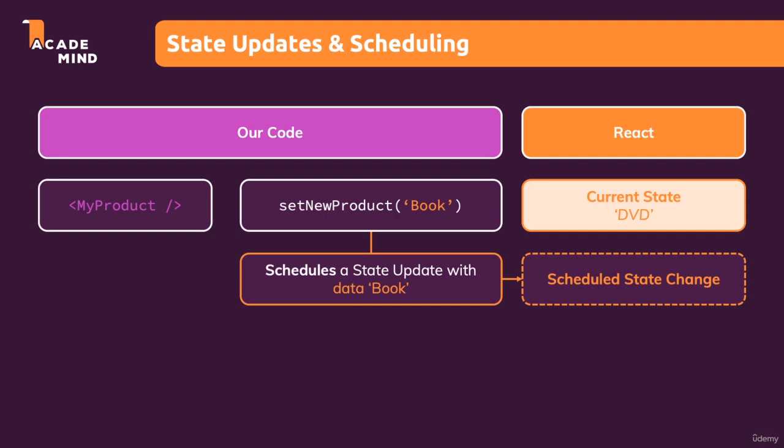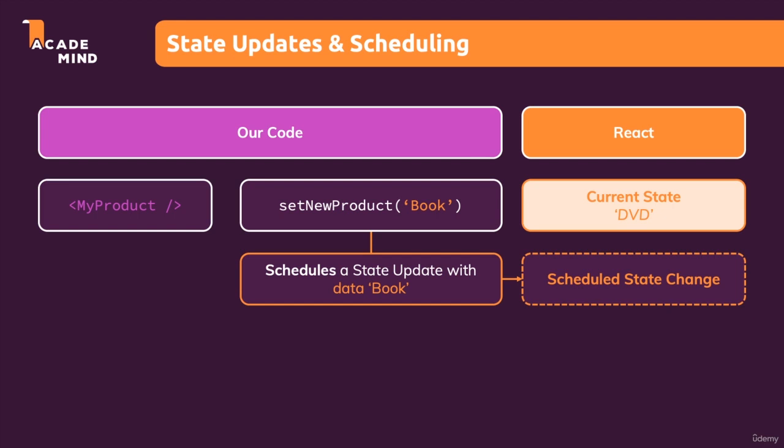Let's say on your screen you have an input field where the user is able to type something. Reacting to that user input would have a higher priority than changing some text on the screen. And for reasons like that, React might postpone scheduled state changes. Now, what React does is it guarantees you that the order of state changes for one and the same type of state is guaranteed.